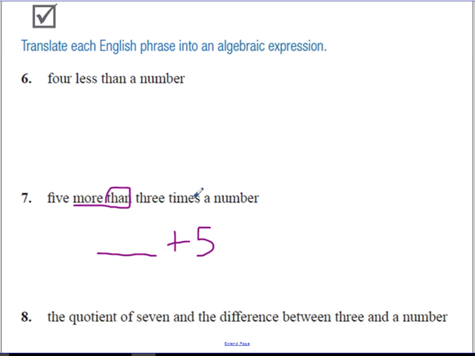And so the plus 5 would go second, and what we're adding it to follows with the 3 times a number. And so if you want to use X and P, it doesn't matter what letter you're using. But the answer key has the 5 coming first, which according to the wording of this problem is wrong. So make sure you pay attention to the wording for these.